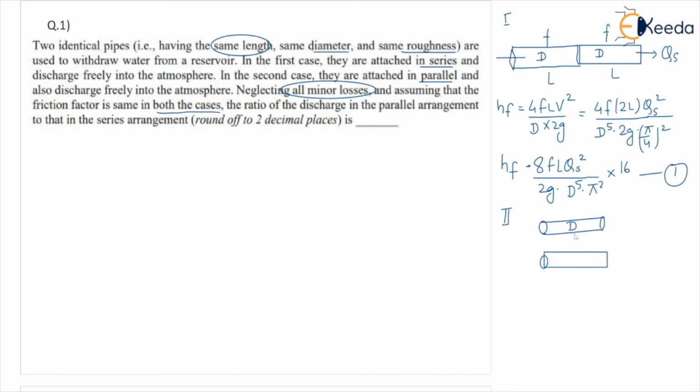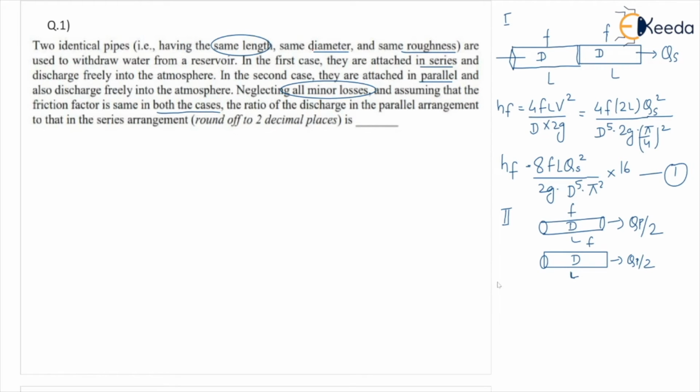D is the diameter, L is the length, and F is the friction. Same L, D, and F. And this is your Q parallel. But you know that your Q will be divided, QP by 2, because in the parallel connection the discharge will be half. Correct.